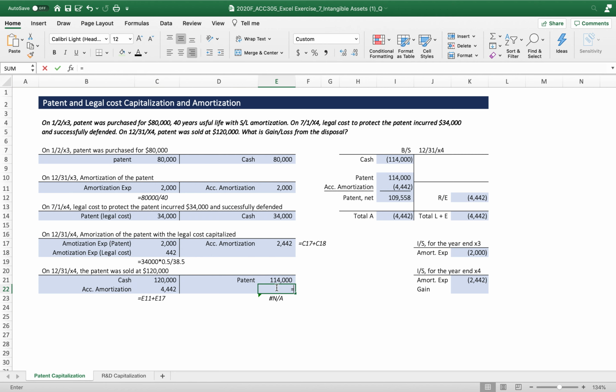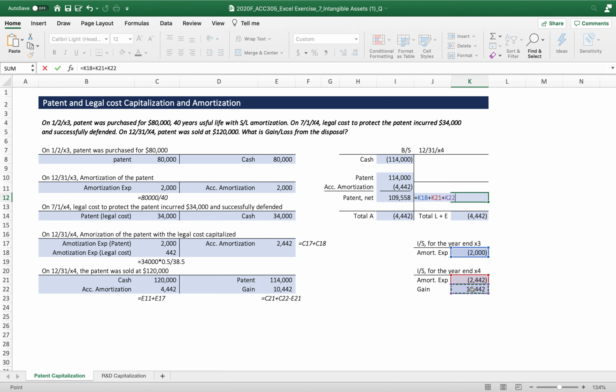So how do you calculate it? 120,000 minus that, so we got 10,442, or you can just simply plug in. We got the same result for the gain. So let me put the gain 10,442. Then we have to put this gain onto the retained earnings.